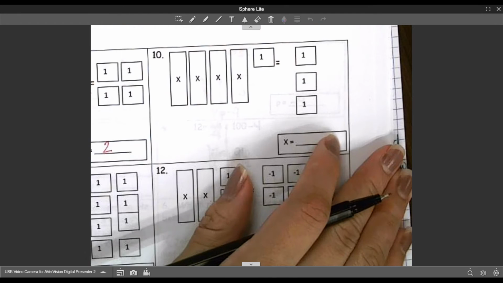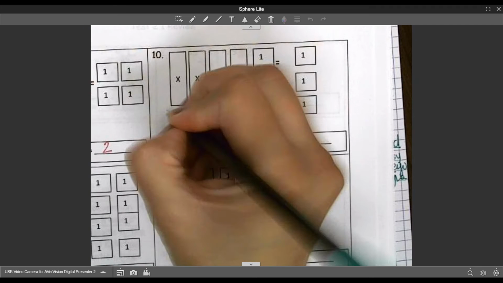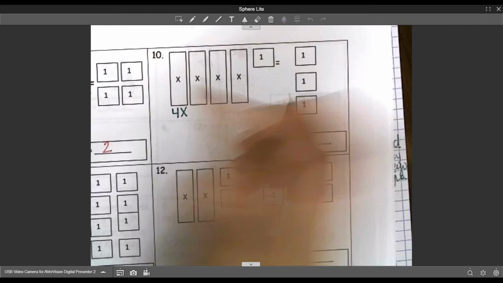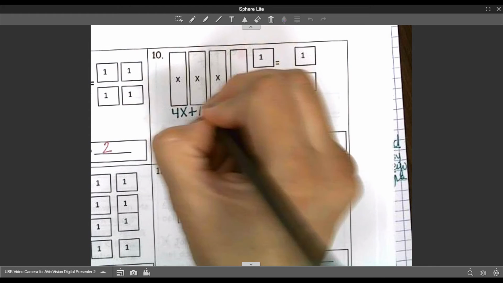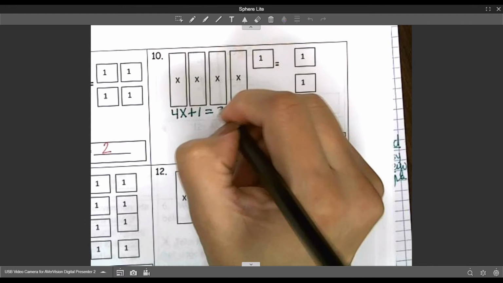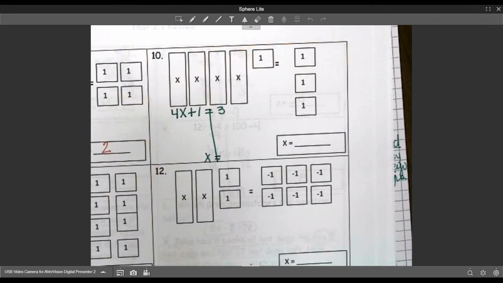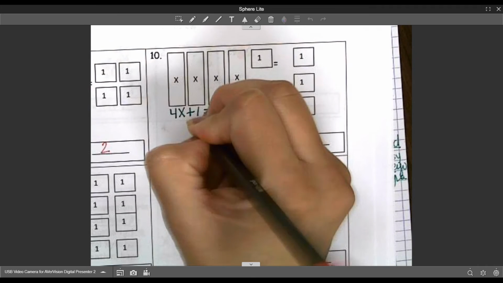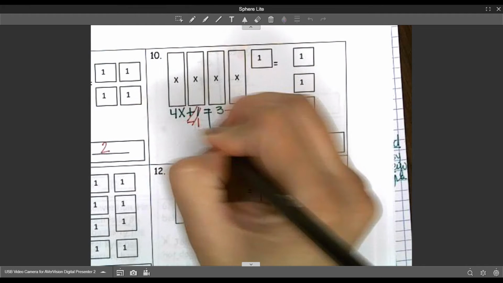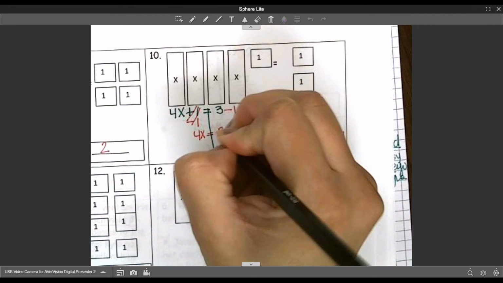Number 10. How many x's do we see? 4 x's. They're positive. And then plus 1 equals 1, 2, 3. Here, what do I get rid of? Plus 1 becomes minus 1. I'm left with 4x equals. And what's 3 minus 1? 2.